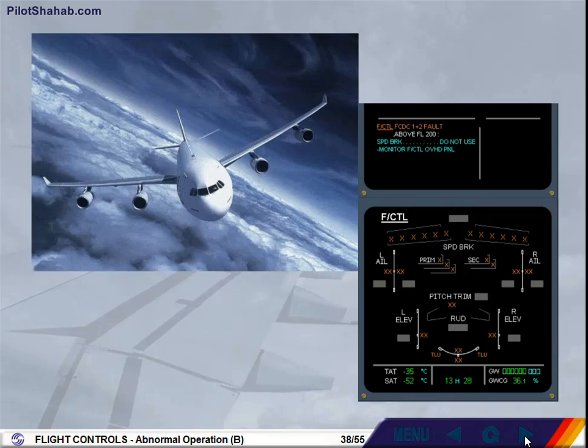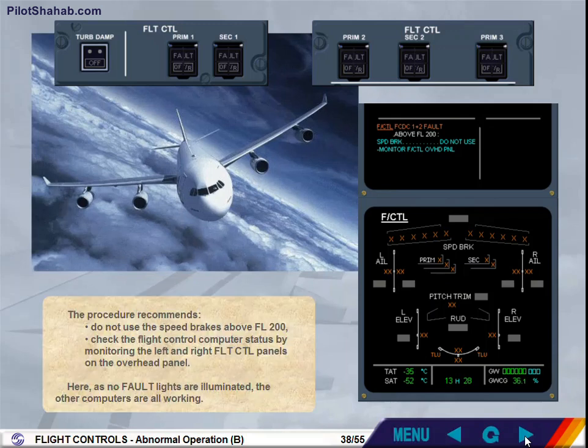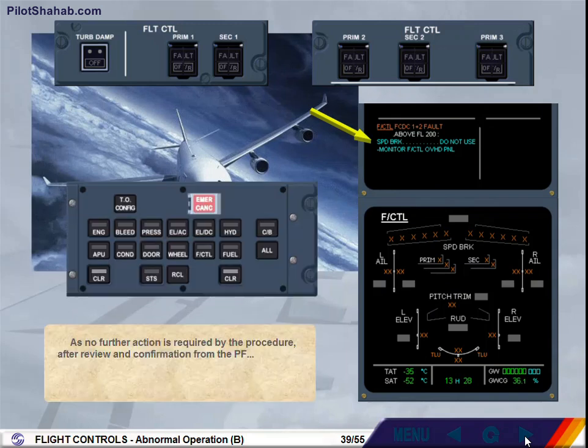Check the flight control computer status by monitoring the left and right flight control panels on the overhead panel. Here, as no fault lights are illuminated, the other computers are all working. As no further action is required by the procedure, after review and confirmation from the pilot flying, clear flight control.